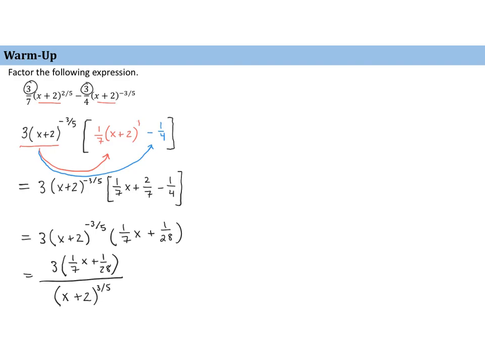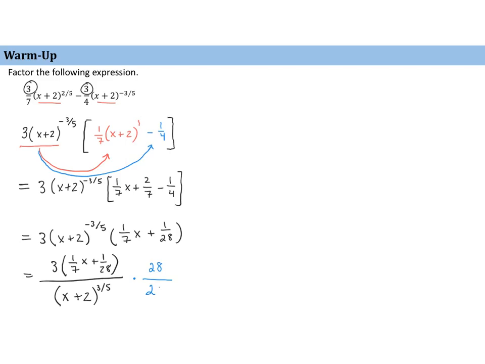But now you'll see that you have fractions within a fraction. So we need to clear by multiplying the numerator and the denominator by the appropriate LCD. So we will be looking at the 7 and the 28 for that LCD. So the LCD would be 28.